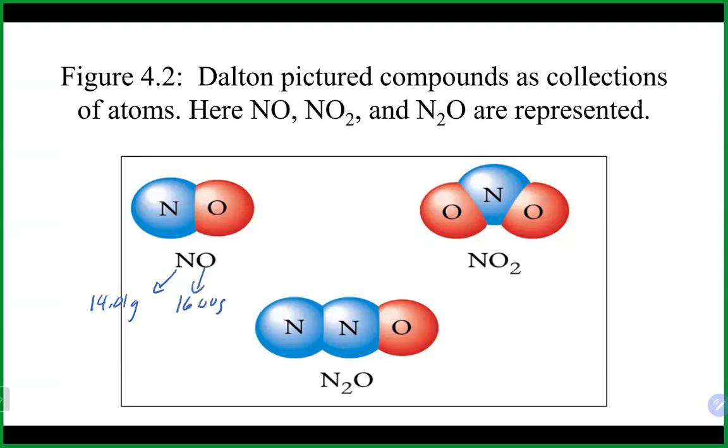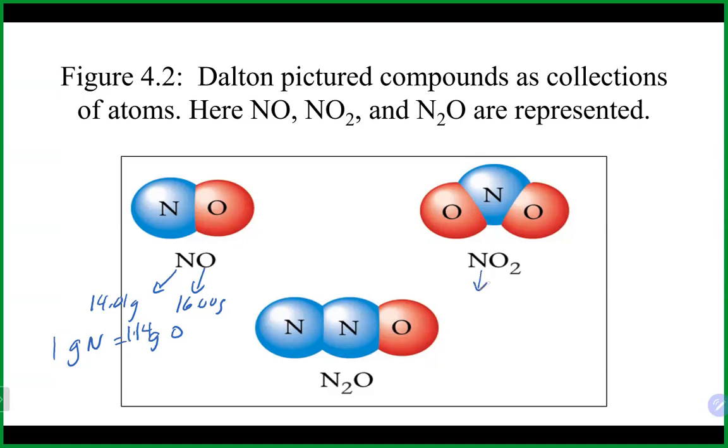And basically, if you figure out the grams of nitrogen to the grams of oxygen in this case, we take 16 divided by 14.01. And that gives us basically 1.14. For every 1 gram of nitrogen, there is 1.14 grams of oxygen.